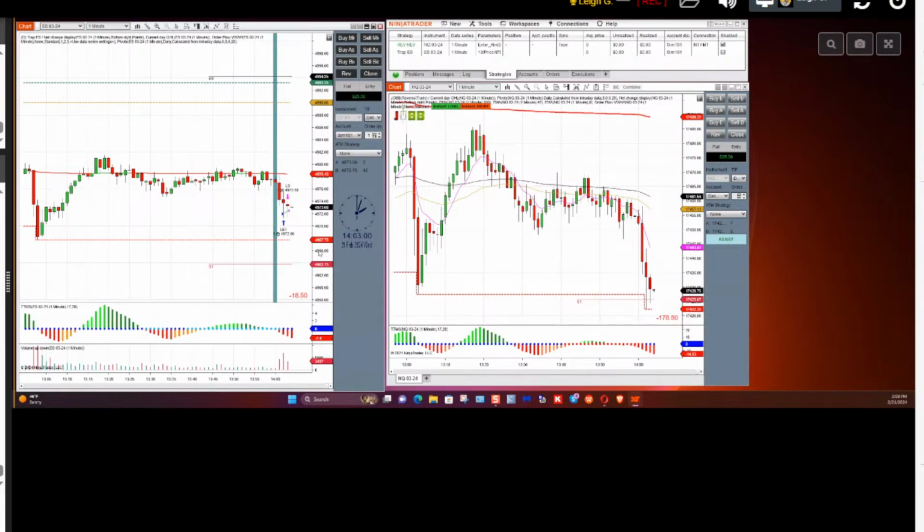Now the ES, it's trying to change direction. Okay. So there was some opportunity, it looks like, depending what you did with your stop. And then the NQ completely changing direction now. Okay.